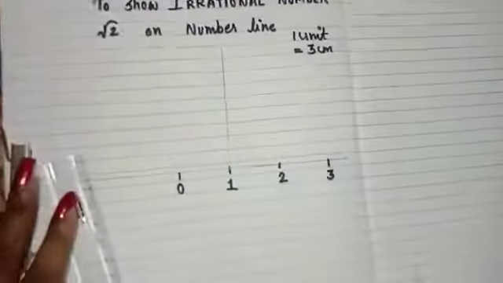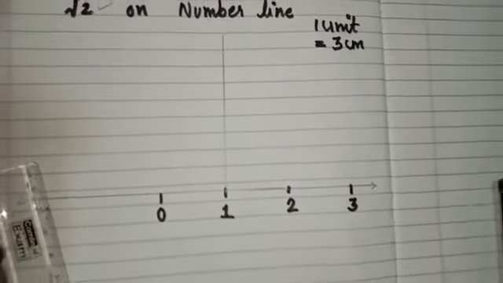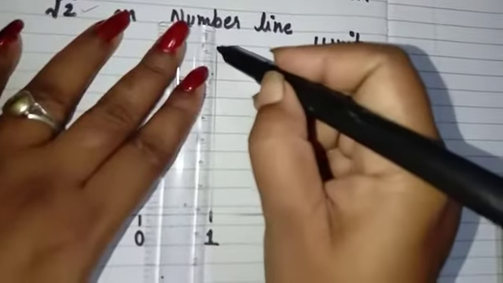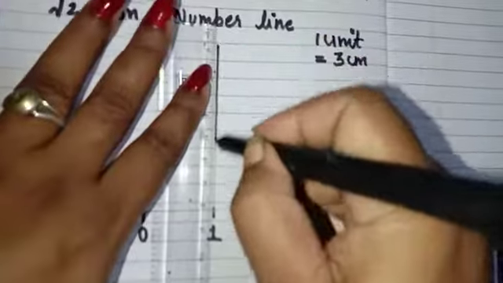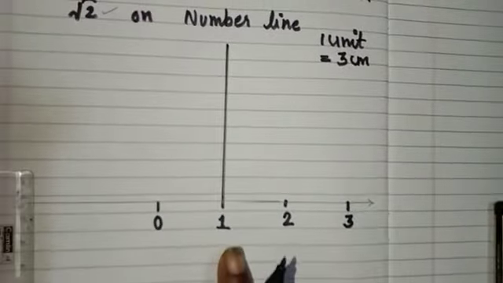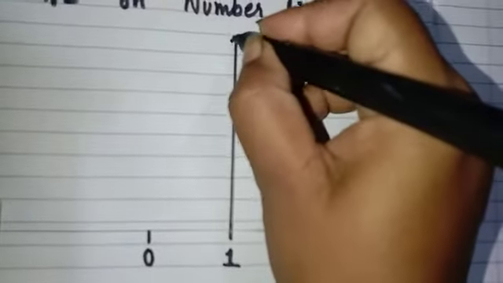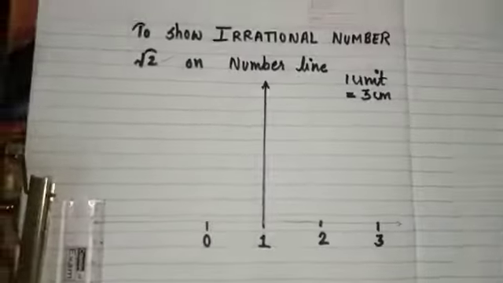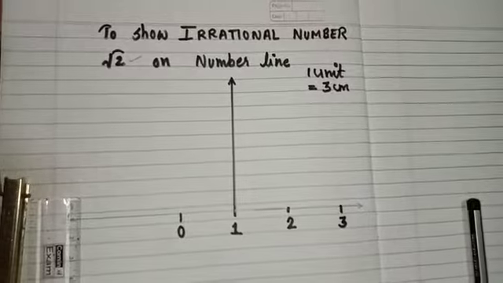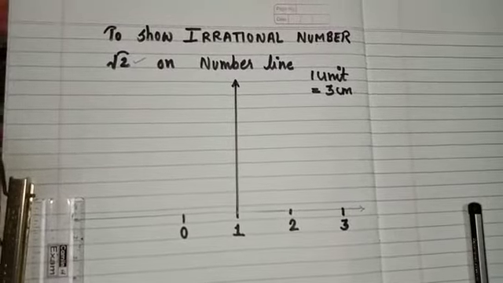I have drawn the perpendicular from 1, and it is a ray, that's why I am going to put an arrow there.